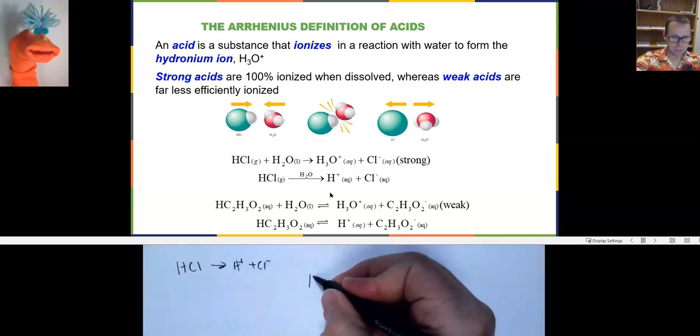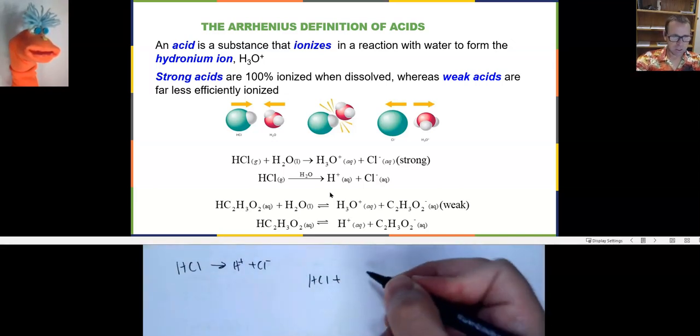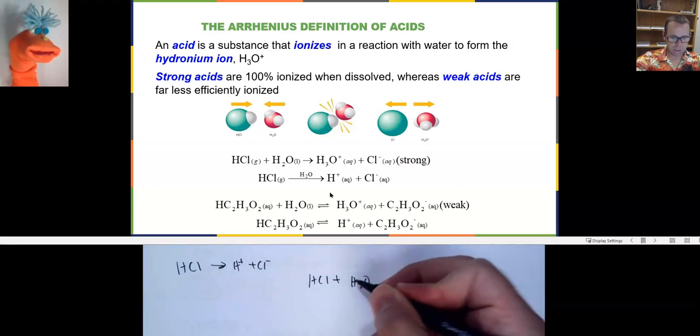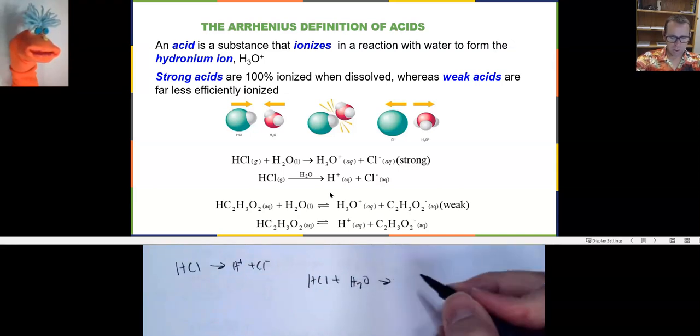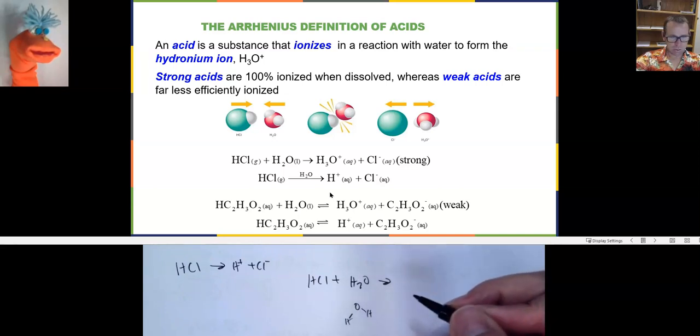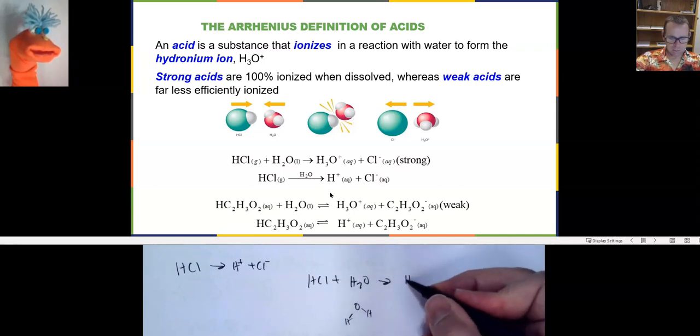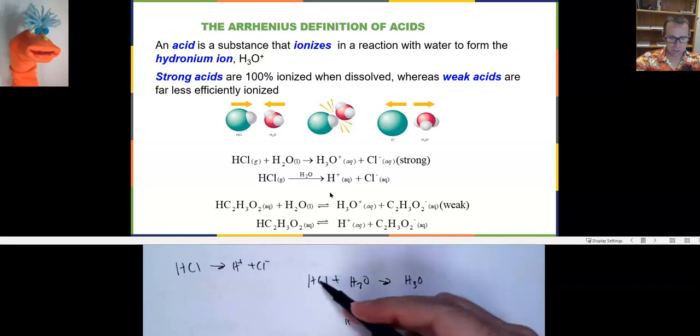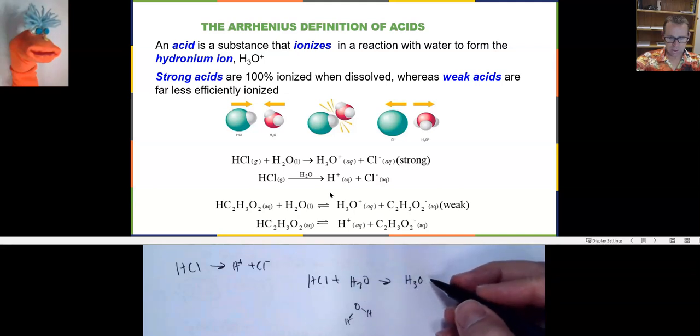This is where we say that HCl interacts with a water molecule, and the water molecule, I'm going to draw this out, here's the water molecule, takes the hydrogen ion from the HCl, the hydrochloric acid there, or hydrogen chloride, and forms an H3O plus ion.